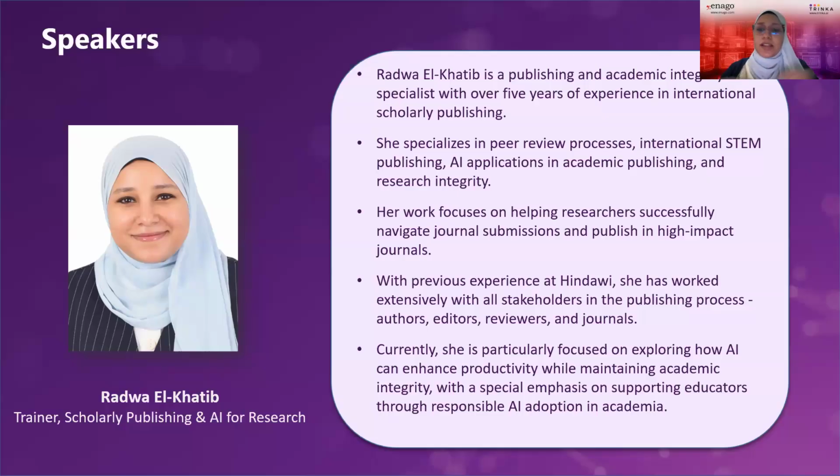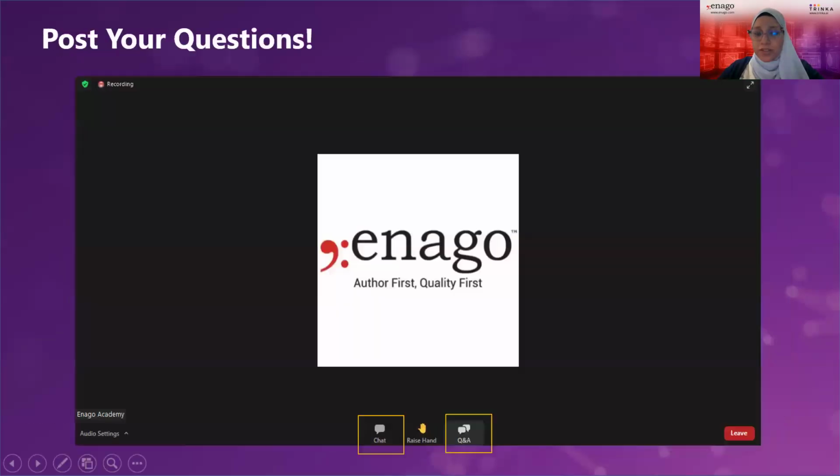So I hope I can utilize all of this experience, in addition to my special passion for AI applications in academic publishing, to provide you with the latest information and practical approaches on how to deal with AI and its relevance to academic and scholarly publishing today, because these things have been very confusing, and there are lots of doubts about which is the right policy and which is the wrong policy. So today we are going to provide some clarification and suggest some strategies that can help all the parties involved.